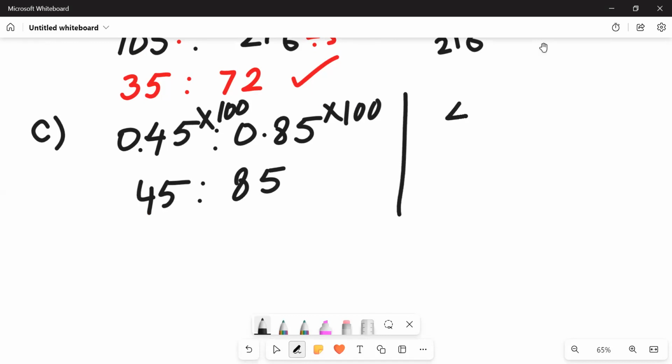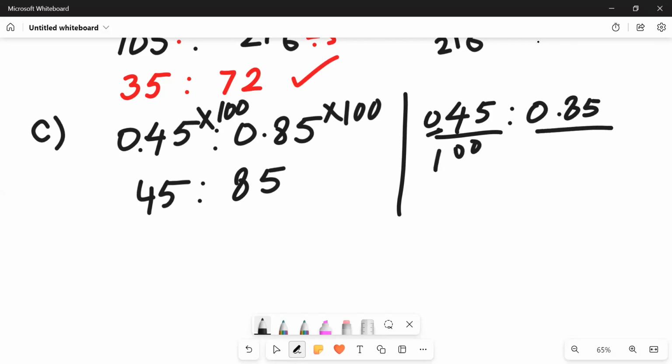Or we have two methods for this. With 0.85, you can remove the decimal sign by dividing by 100, and then multiply by cross multiplication and solve it.